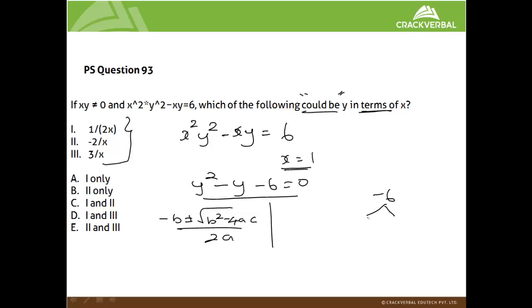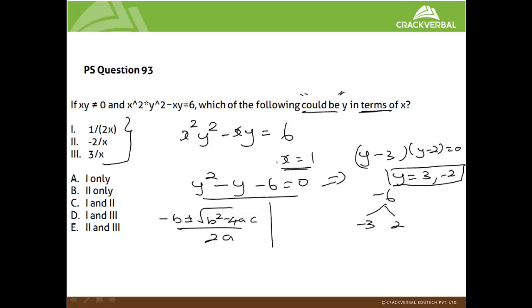Which two numbers satisfy? Minus 3 and 2 will satisfy. Minus 3 plus 2 will give you minus 1. Minus 3 into 2 will get you minus 6. So we can factorize this as y minus 3 into y plus 2 equal to 0. So the roots would be 3 and minus 2. That is, the value of y would be 3 and minus 2.